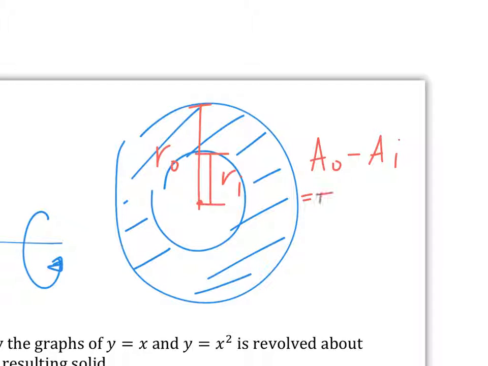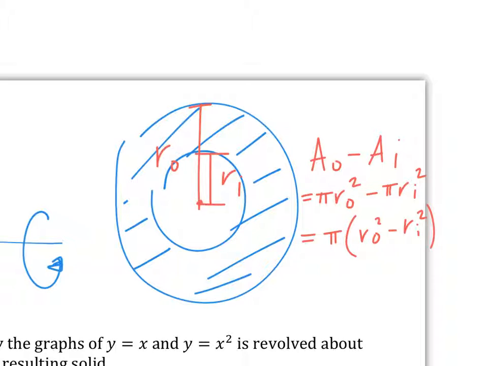So that is pi r outside squared minus pi r inside squared. Yeah? So then we just factor out pi. So this is pi times r outside squared minus r inside squared. Okay, so that is the area of that ring. And then we're going to take that ring and integrate it so then we can figure out volume. Okay, so pretty intuitive. All right, so let's just try some problems.